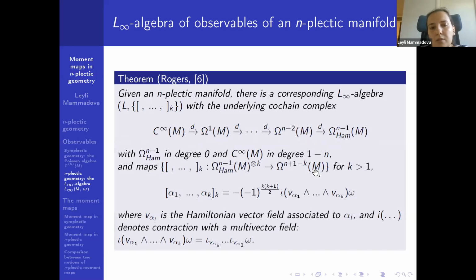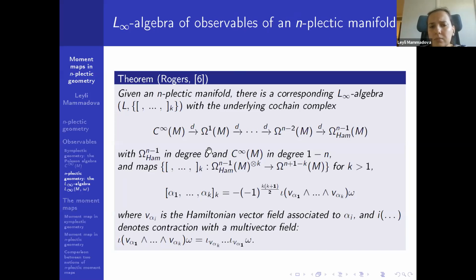And these maps are not very bad, because they're only non-zero if all your components live in this space right here. And if all of them are here, in that case, the k-multi-bracket is given by a sign and contraction of the Hamiltonian vector fields corresponding to these n-1 forms.